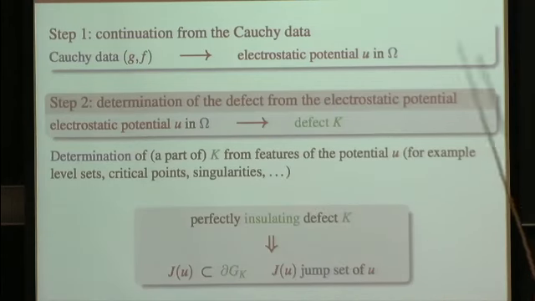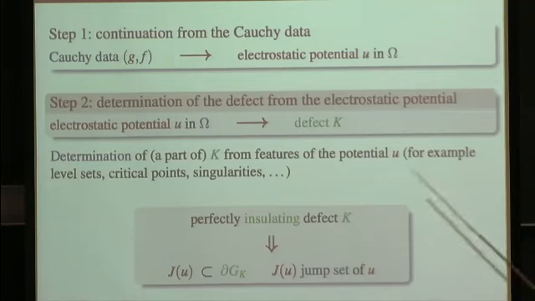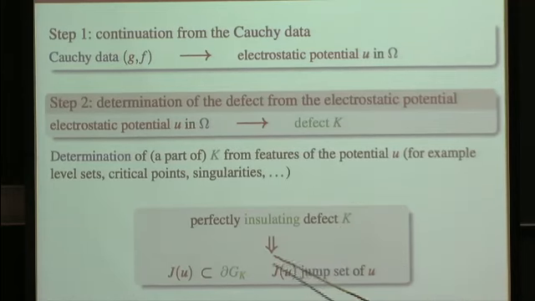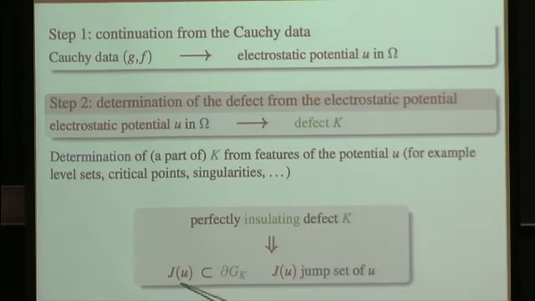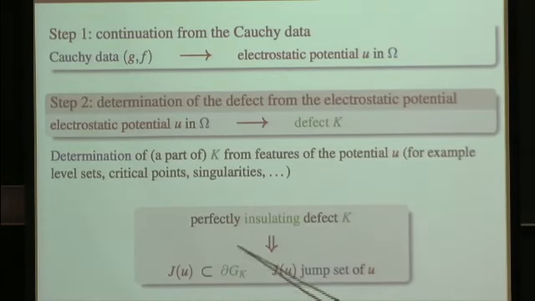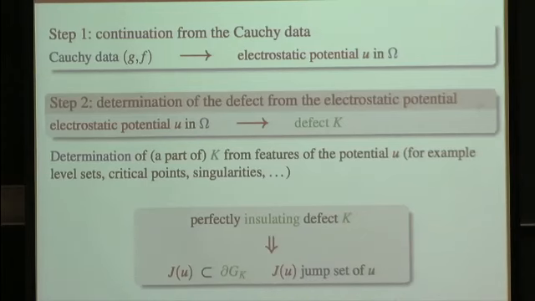In particular, you use level sets, critical points, singularities, and so on. In this particular case, if you have an insulating defect, you take the jump set of U, and the jump set of U is a subset of K. Let's think that this is just K.